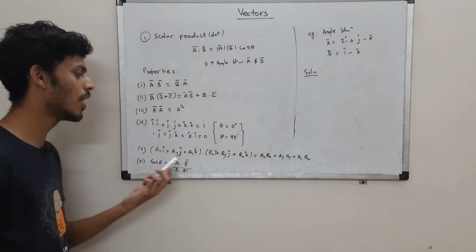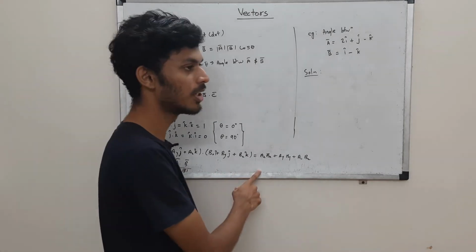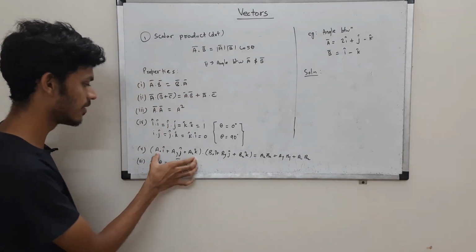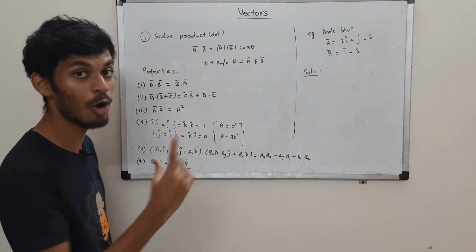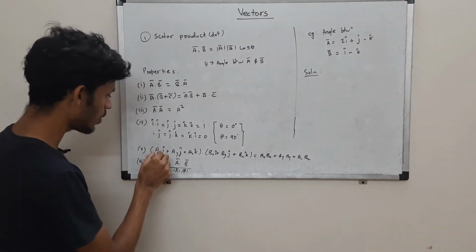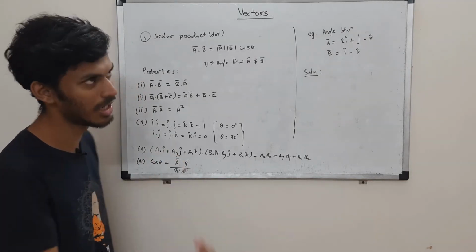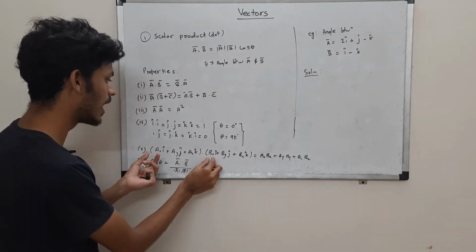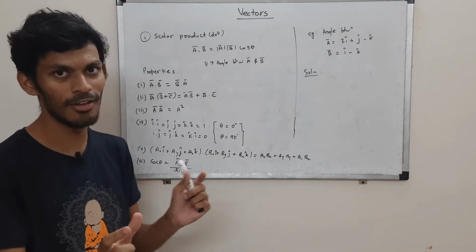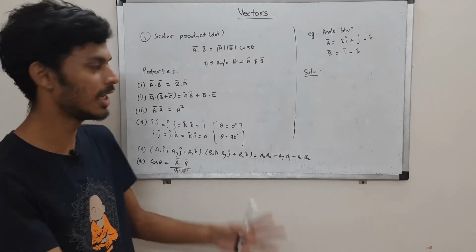Now if you have the two vectors in component form, this is vector a and this is vector b. If you want to find the dot product, you just multiply the corresponding x components, y components and z components and add them.